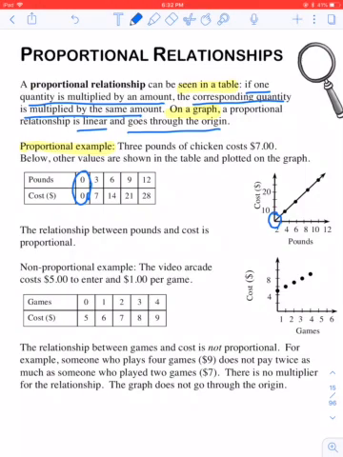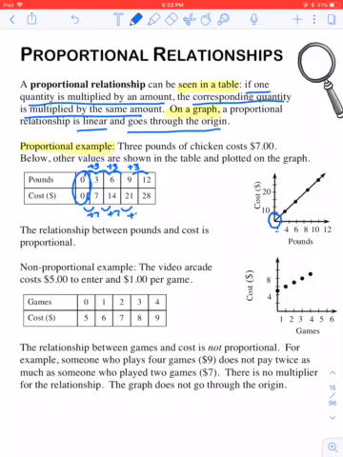So that's one factor. The second factor of a proportional relationship is that it increases or decreases by the same amount. So in this case, all of the pounds are increasing by a constant rate of 3. And as it's increasing by 3 pounds, the cost is increasing by 7.